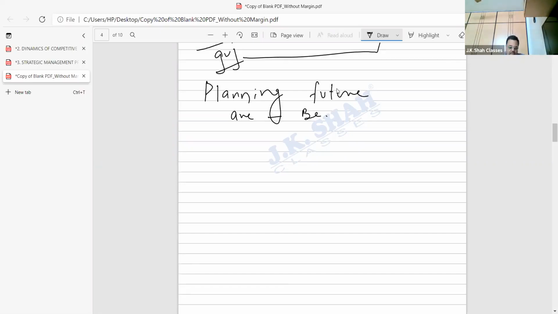Now, beta, planning can be of two types in an organization. Please understand. One is called strategic planning, and the other is considered to be operational planning. Now, what is the meaning? Very easy.